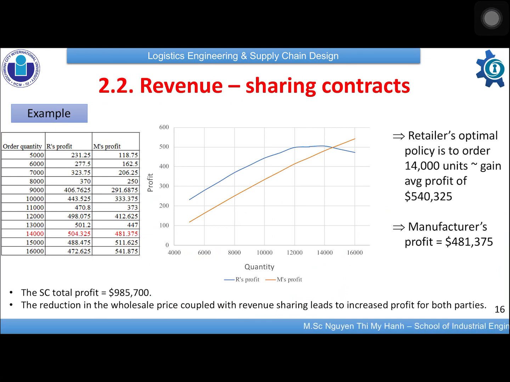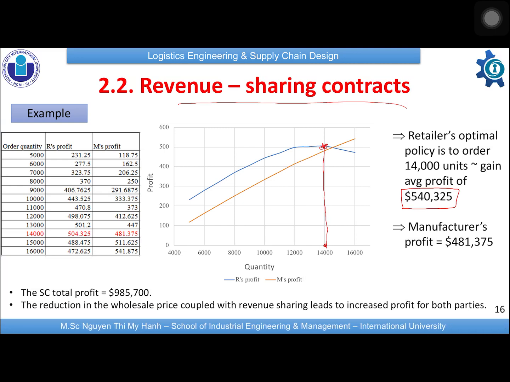We can see if the buyer and the seller sign the revenue sharing contract, this is the optimal quantity, and they can earn: the profit of the retailer is $540,325, and the manufacturer profit is equal to 481,375.